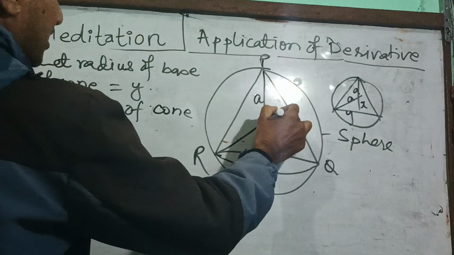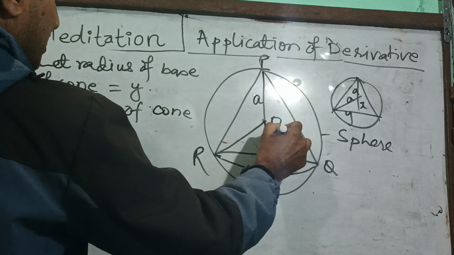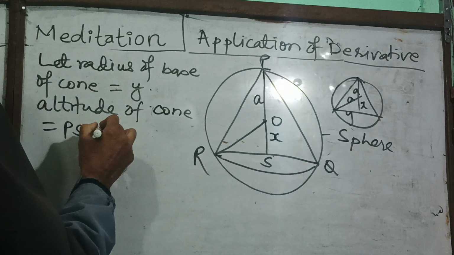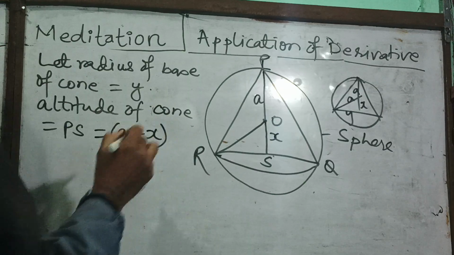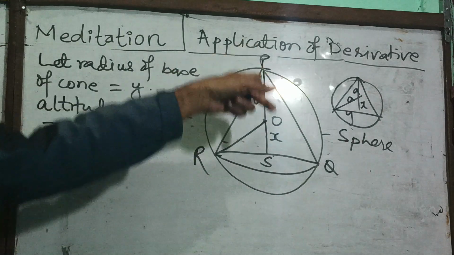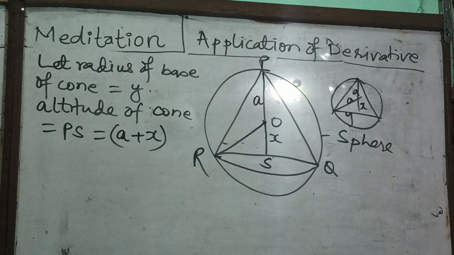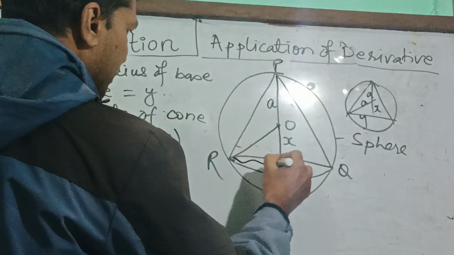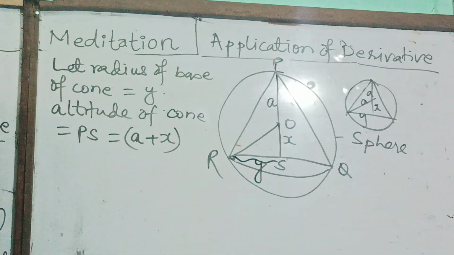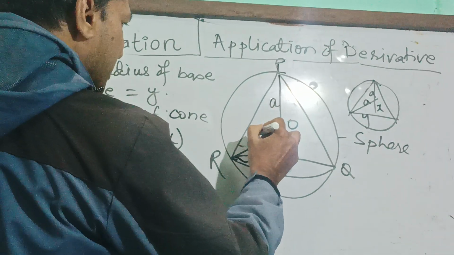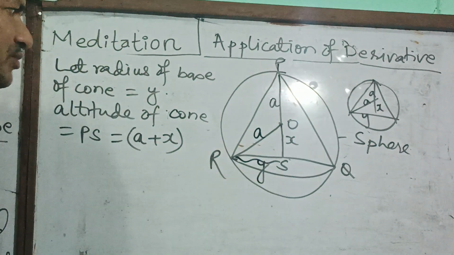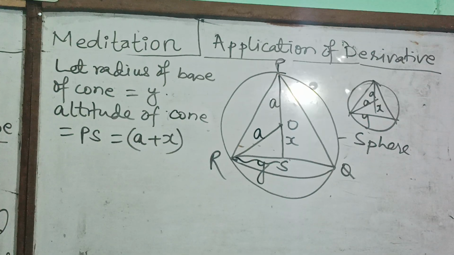Here this is O, and OS is equal to X. So PS is equal to A plus X. So the altitude of the cone is A plus X. The radius of the base we are taking as Y. And again this is the radius of the sphere, this is A.